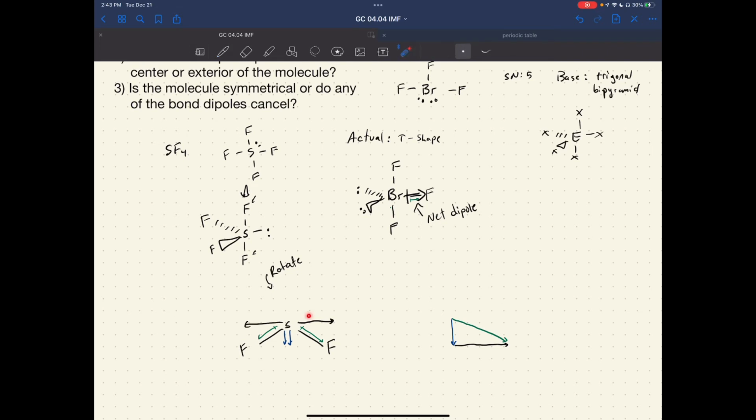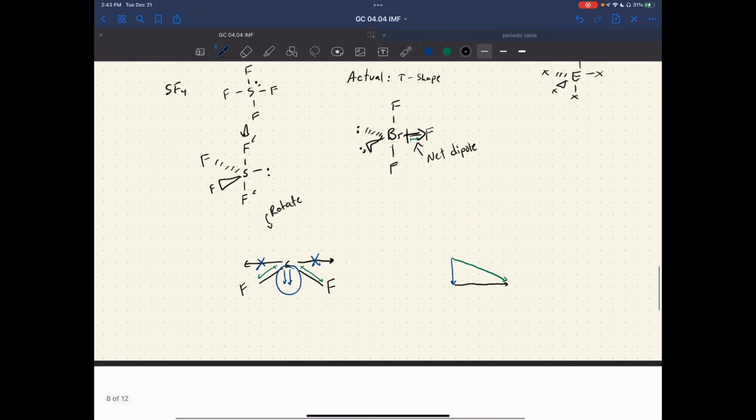So the two out components are actually going to cancel each other out, and the two down components are going to combine. So what I'm going to be left with is a net dipole that bisects this angle pointing outward.